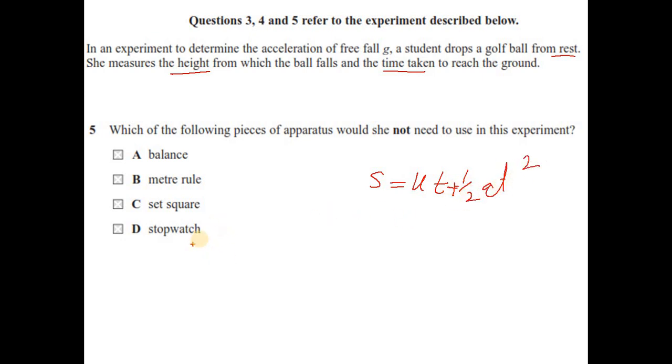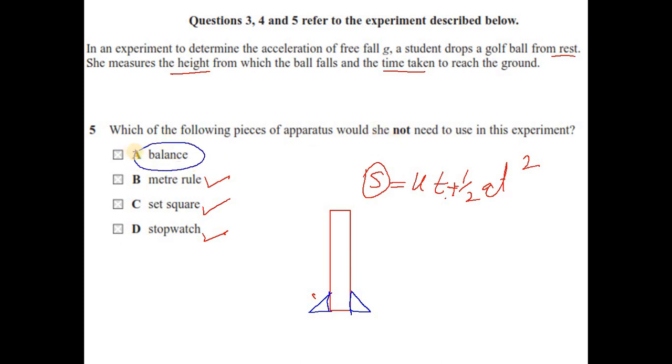That means we need a stopwatch to measure the time, we need a meter ruler to measure the height, and we also need a set square to make sure that our ruler remains perpendicular. The only thing she doesn't need is a balance, because she doesn't need the mass. So the option is A.